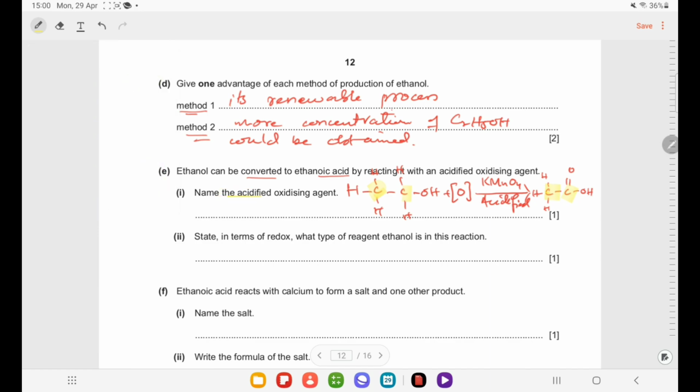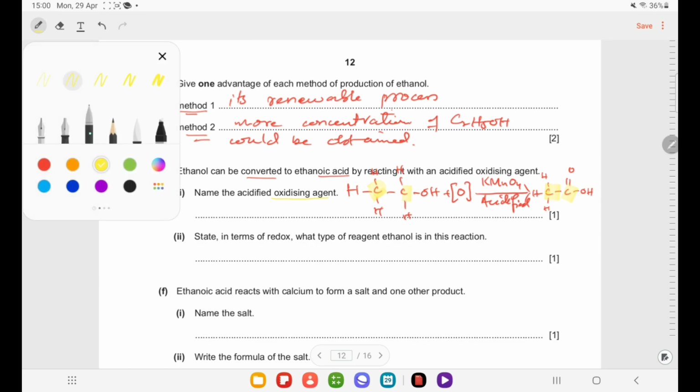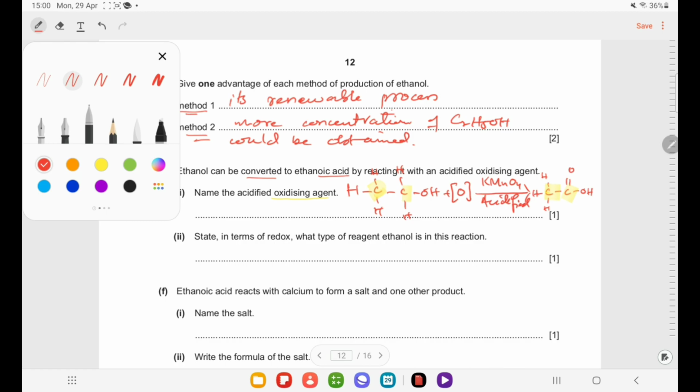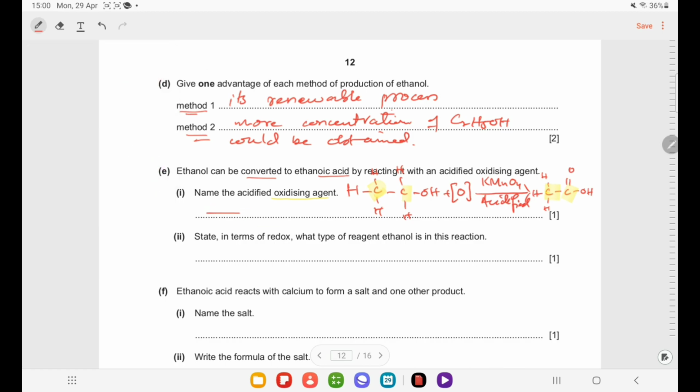So let's move to the question. Name the acidified oxidizing agent. That is KMnO4. State in terms of redox what type of reagent ethanol is in this reaction.